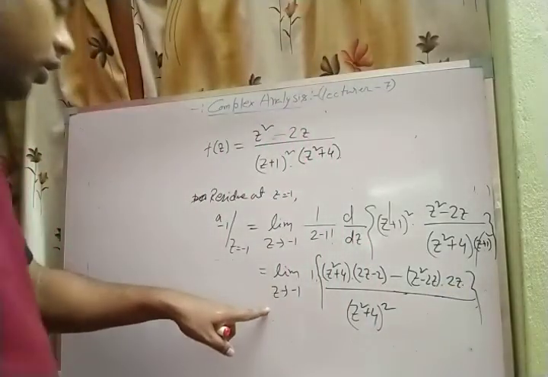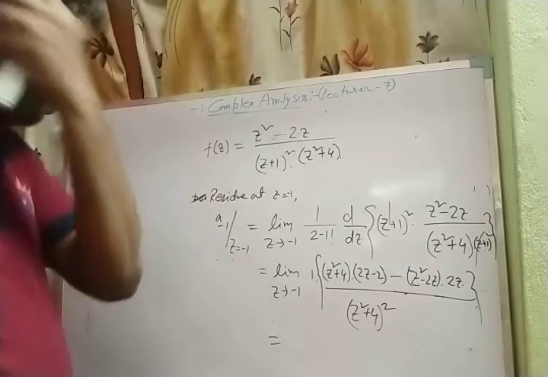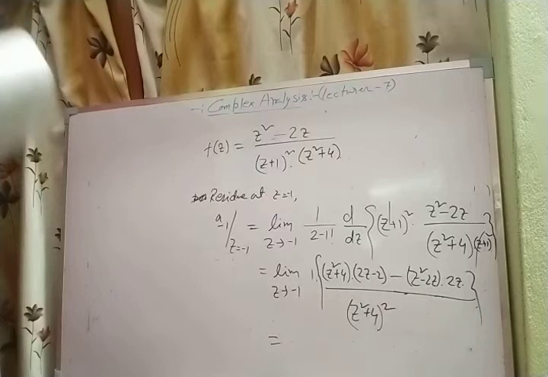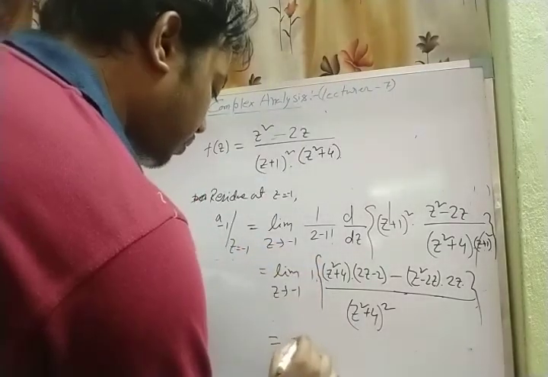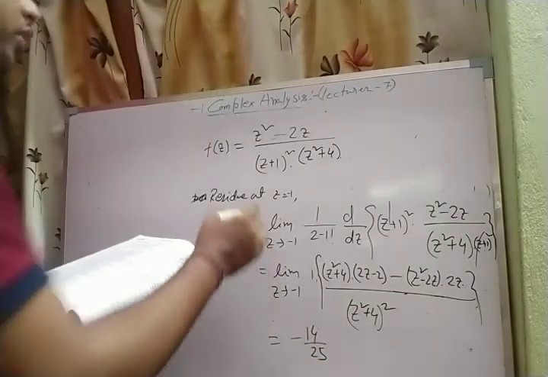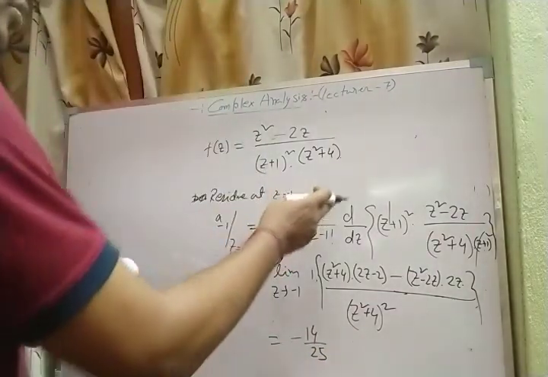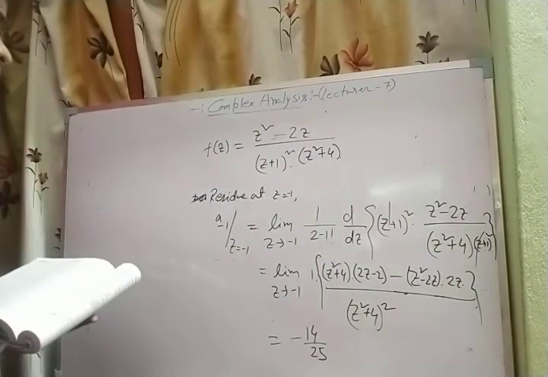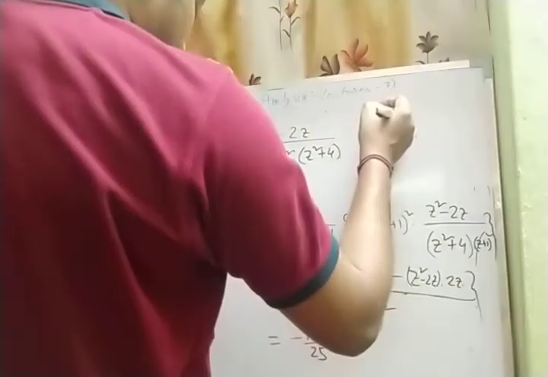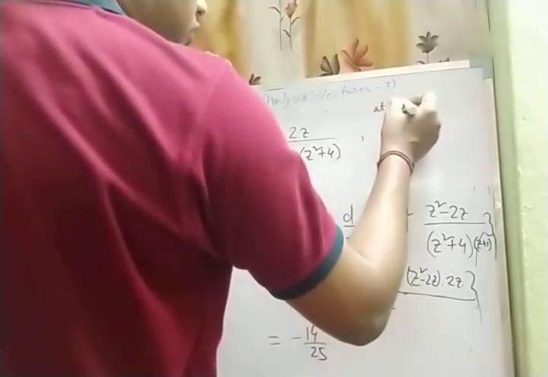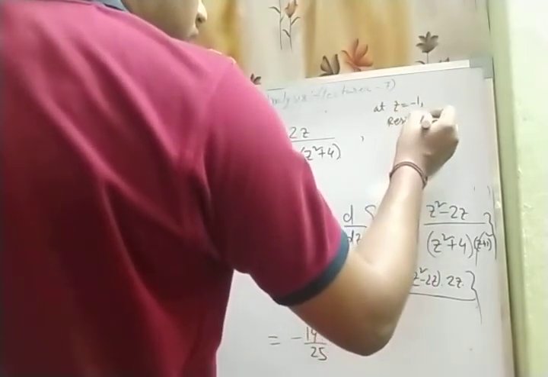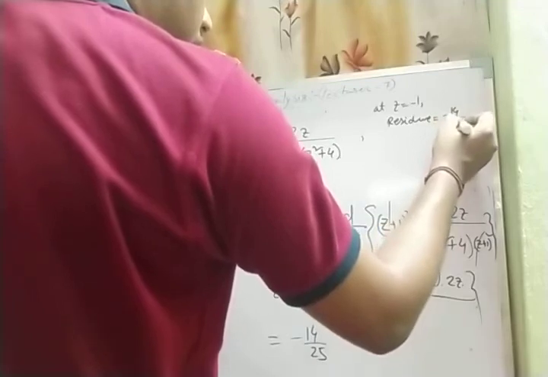Now putting the limit z = −1, we can easily find it. It gives −14/25. Since z = −1 is a double pole, we have to use that formula. So at z = −1, the residue is equal to −14/25.